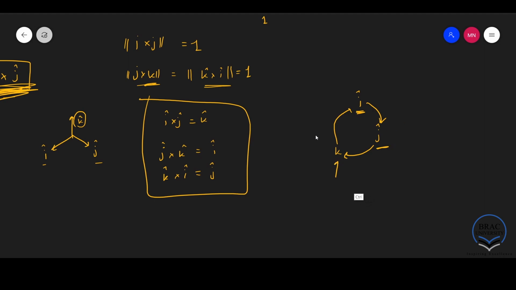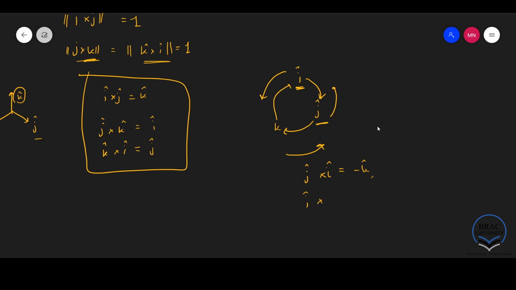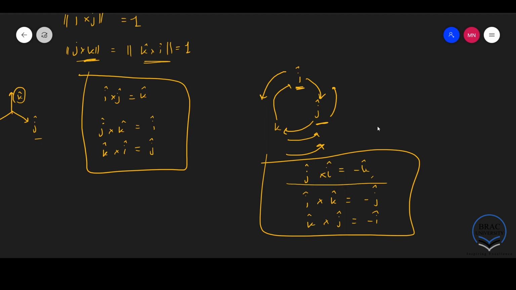If I instead consider the opposite direction, the anti-clockwise direction, then the cross product of j with i, so j cross i, will give me minus k. The cross product of i with k will give me minus j. And the cross product of k with j will give me minus i. And I can also determine each of these with the right-hand rule.